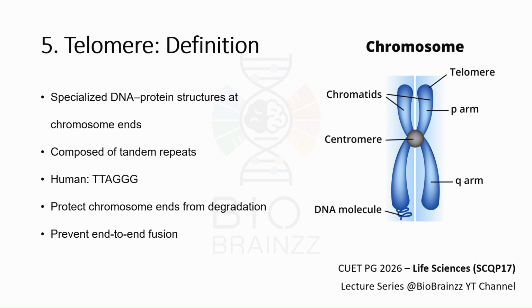In the diagram shown here, you can see telomeres at both ends of the chromosome along with the centromere in the middle and the P and Q arms. So remember, telomeres are repetitive DNA protein structures at chromosome ends that protect the genome and maintain chromosome stability.